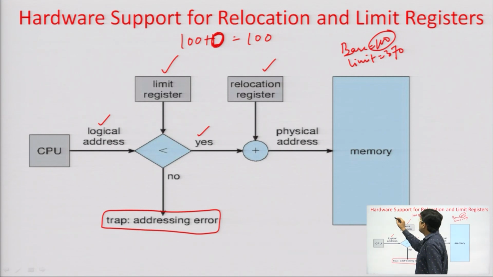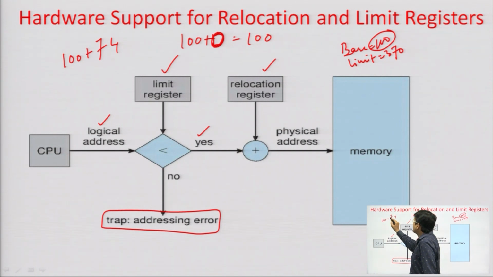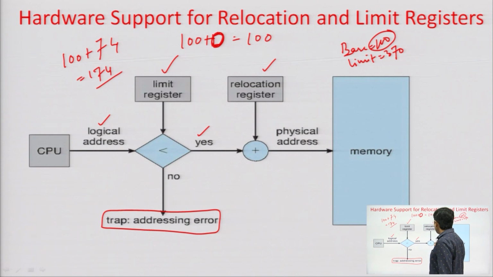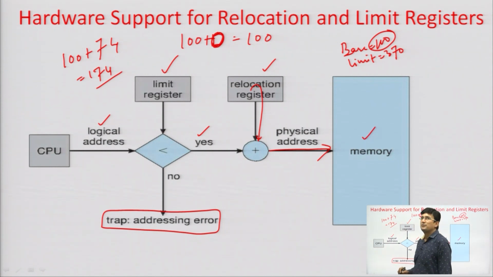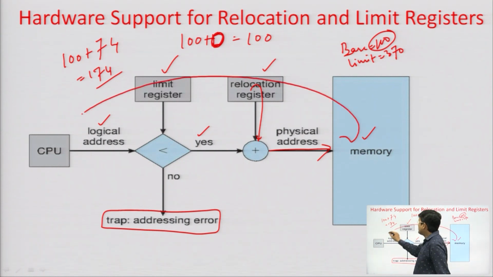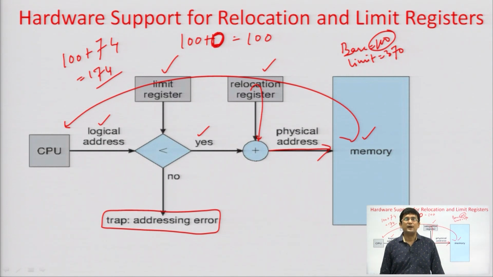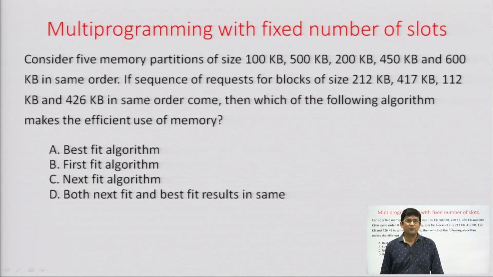Similarly, if I am referring to the 74th instruction, I will add 100 to this, which gives us 174, and that will be the physical address. So, the physical address is obtained by adding the value of the base or relocation register, and then we refer to the main memory where my instruction lies, read this instruction and give it to the CPU for execution. This is the hardware support required for fixed size partitioning.